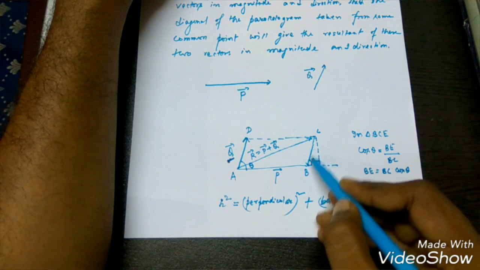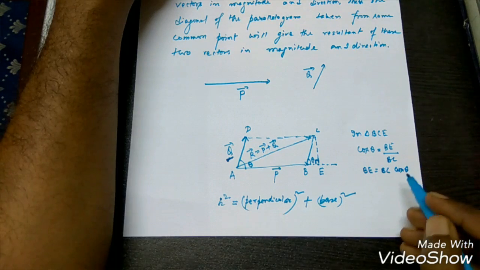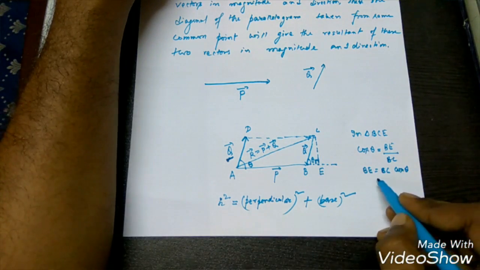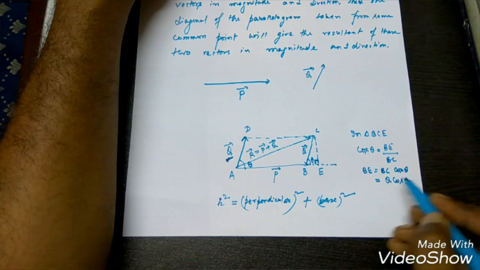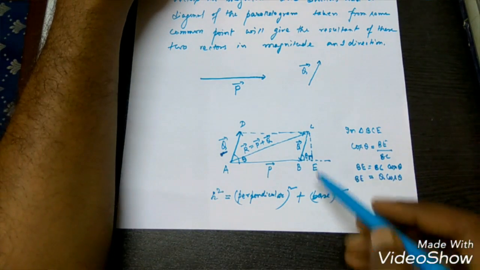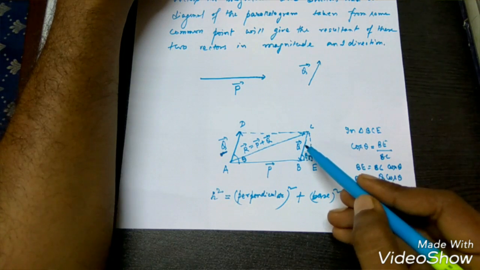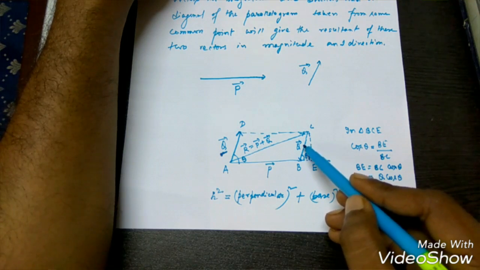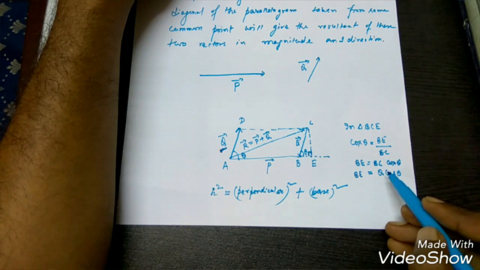So this BC side is actually Q. So here I can replace BC by Q cos theta. One more thing I would like to say is that here I am putting an arrow sign over it. It means that it is a vector quantity. It means that I am considering two things, magnitude as well as direction, but here there is no arrow sign over it, so I am considering only the magnitude.